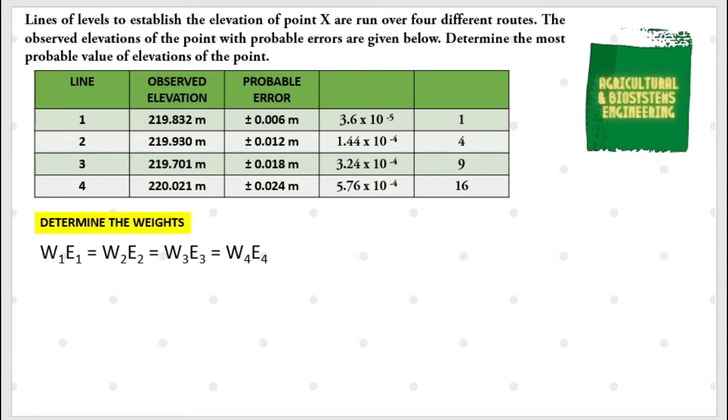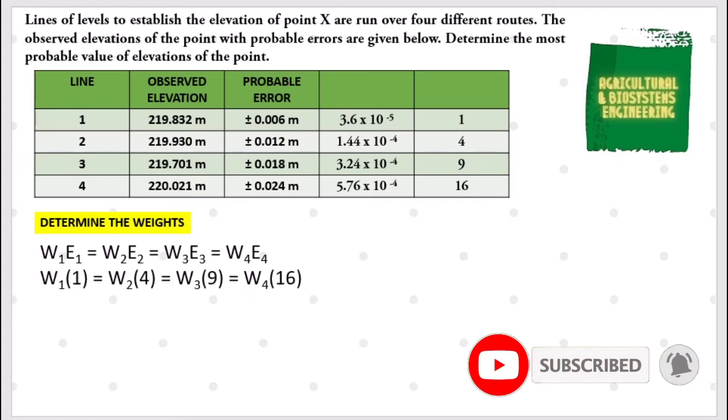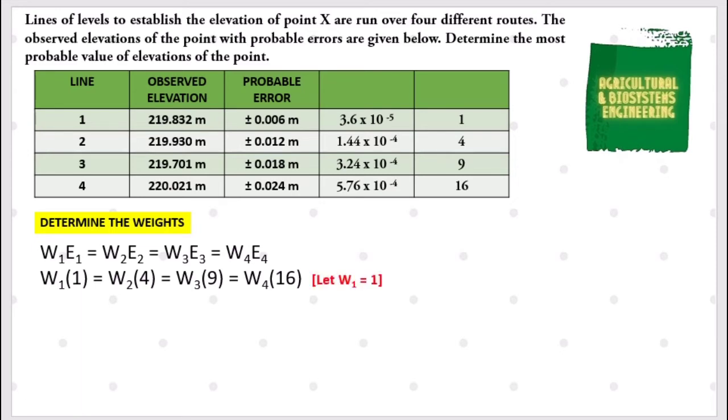The next step is to solve now for the value of our weight by substituting the values of our probable error to its corresponding weight. We have, weight 1 multiplied to probable error 1 is equal to weight 2 multiplied to probable error of 4, and so on. Now, to solve for the weight, we let weight 1 equal 1, to solve the values for our weights 2, 3 and 4.